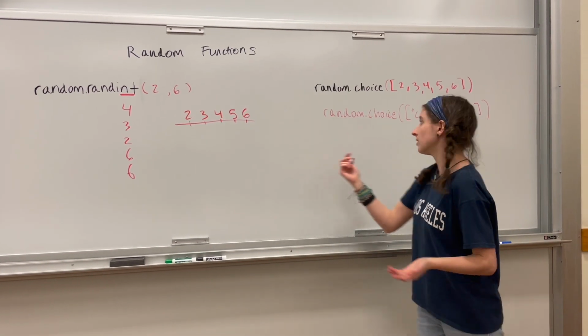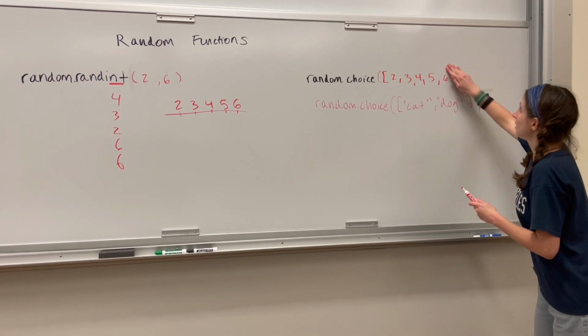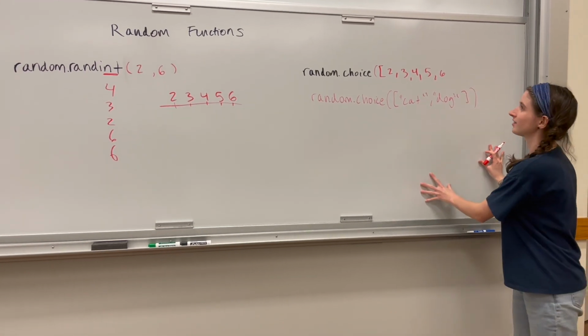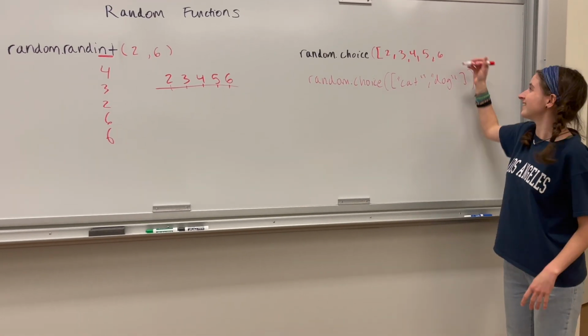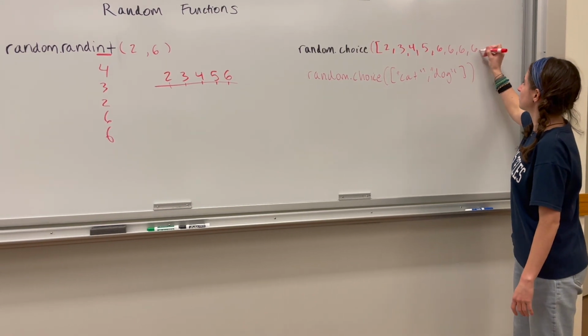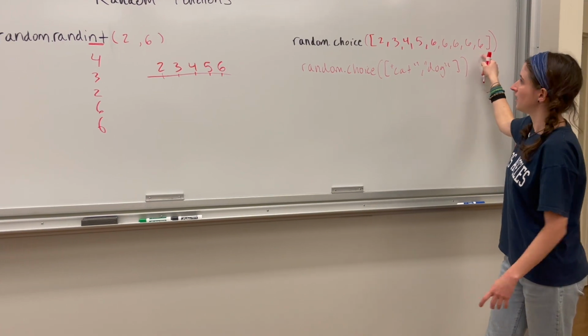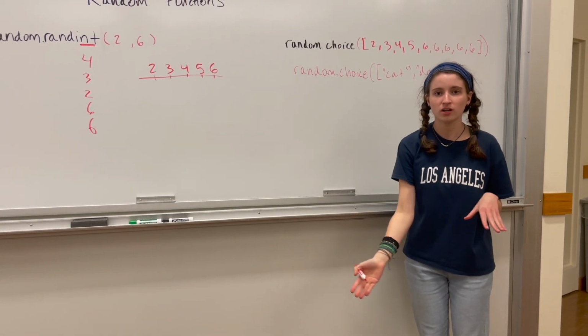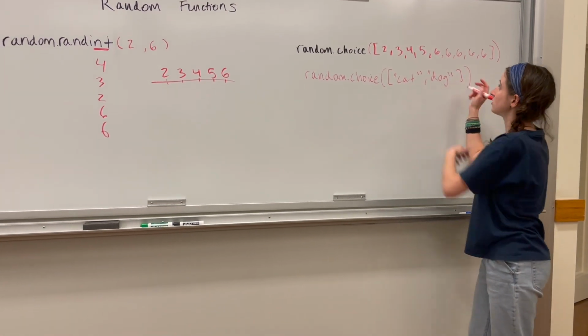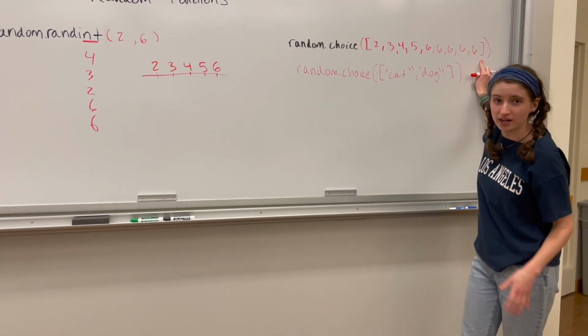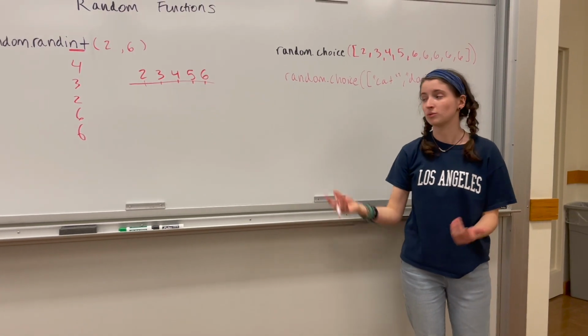We could add 5 more 6s, because it's just picking from this list of numbers. It doesn't really understand that it's a range. It just picks one element from the list, and because there are way more 6s in this list, it's going to produce more 6s when you run it.